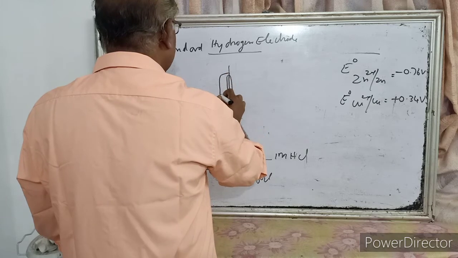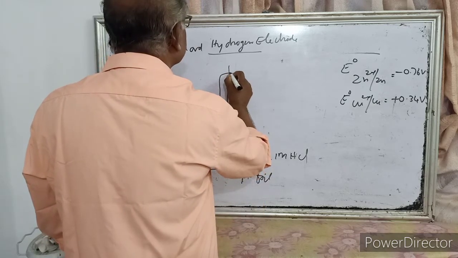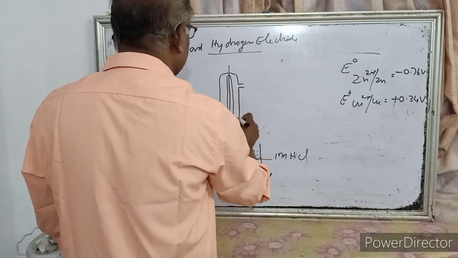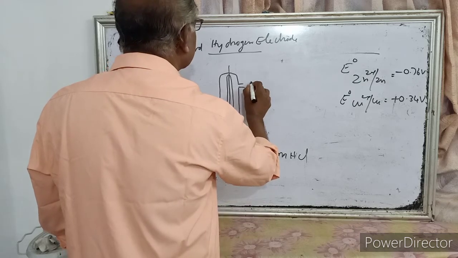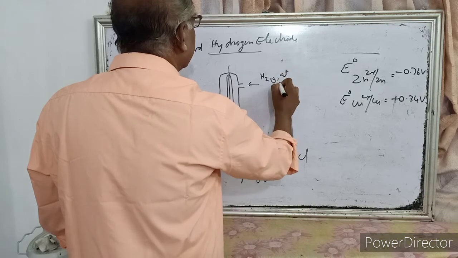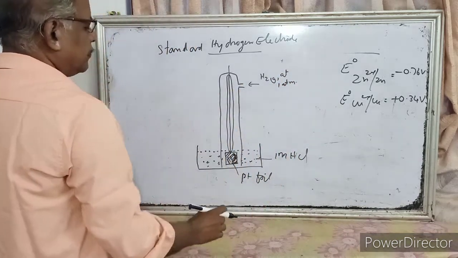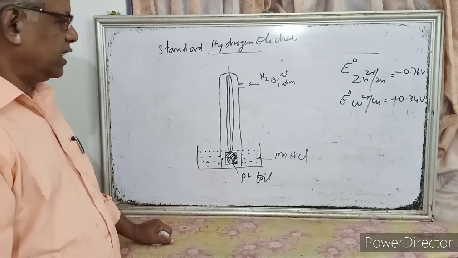And there is an outer jacket for that. Through this we are passing hydrogen gas at 1 atm pressure. So this is the figure for standard hydrogen electrode or a reference electrode.